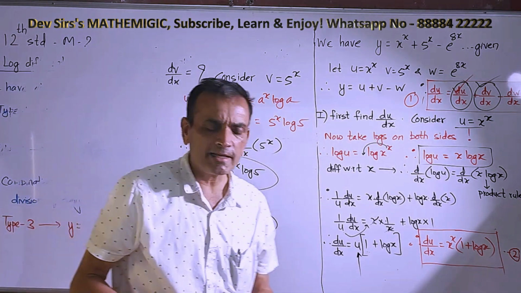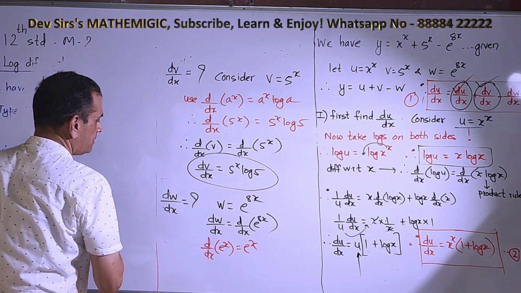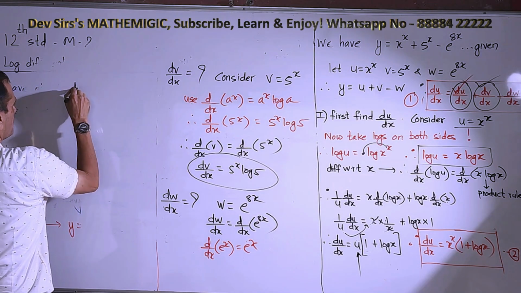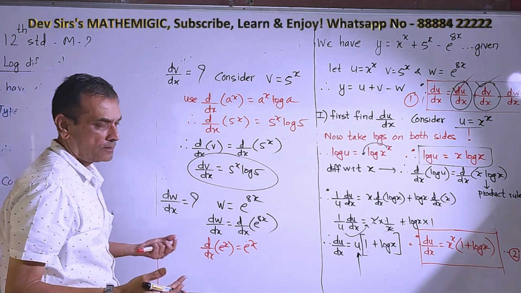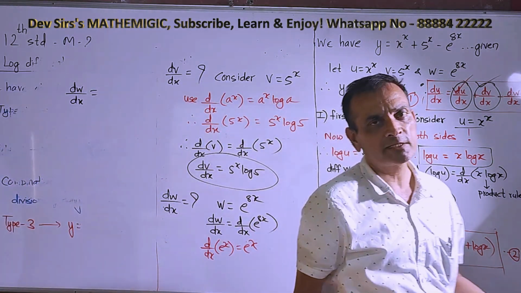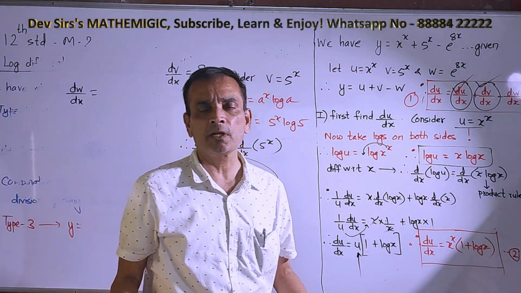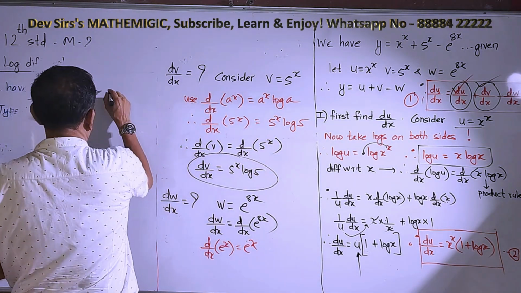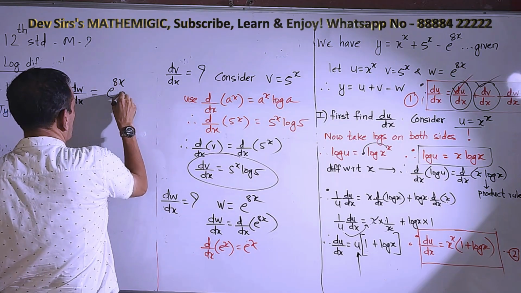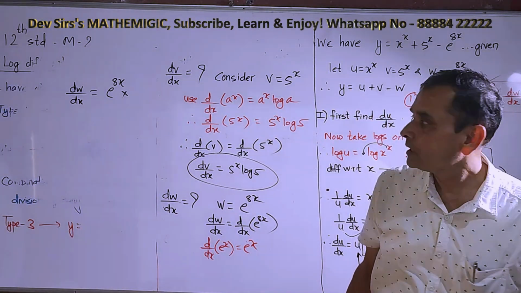तो अभी e raised to 8x का डेरिवेटिव बोलो आप. नेचुरली आप बोलोगे e raised to x का डेरिवेटिव e raised to x, e raised to 8x का डेरिवेटिव क्या पूछ रहे हो सर, e raised to 8x का डेरिवेटिव e raised to 8x. बस इतना ही है क्या, इसीलिए पूछा.